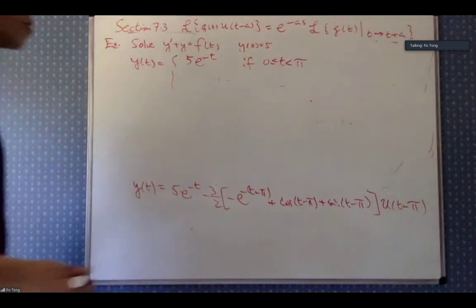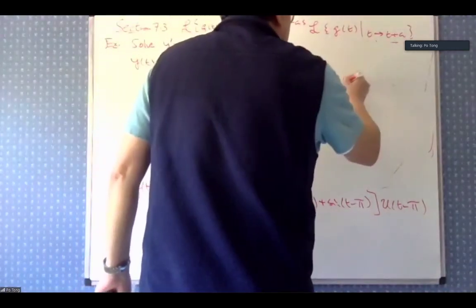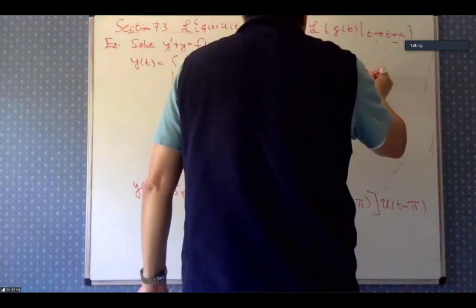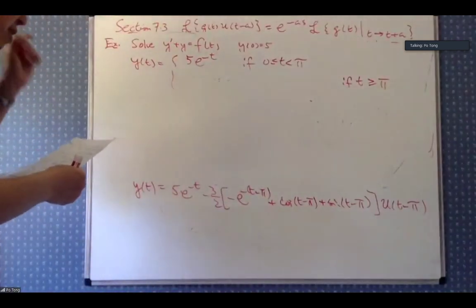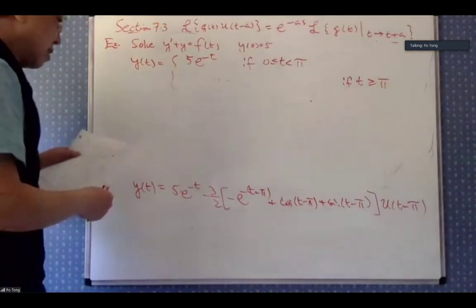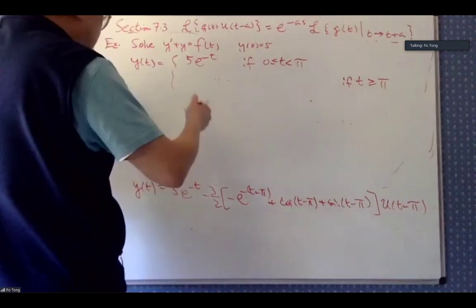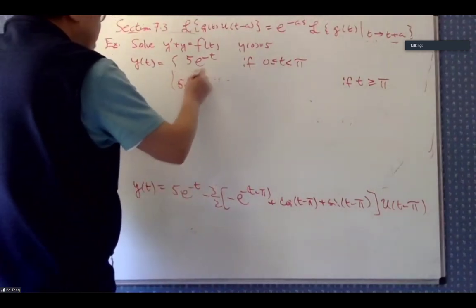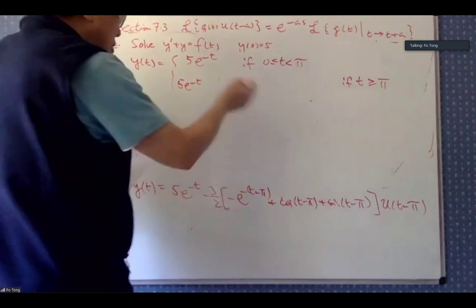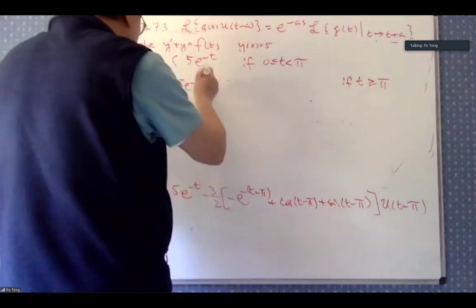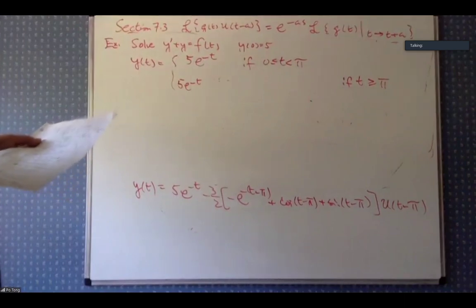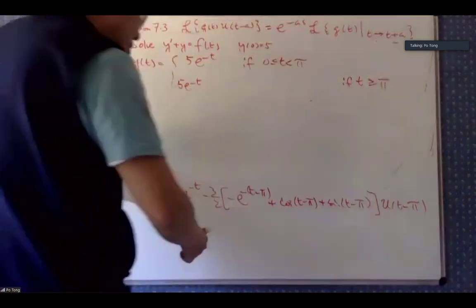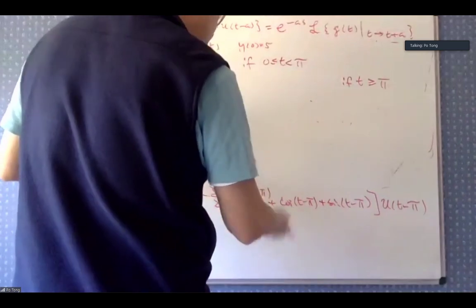And after that, we're going to take the whole thing, which means it's going to be 5e to the power minus t. Just copy the whole thing.